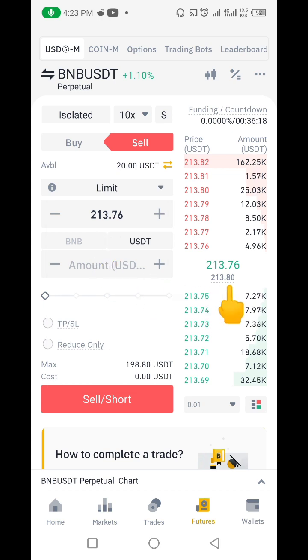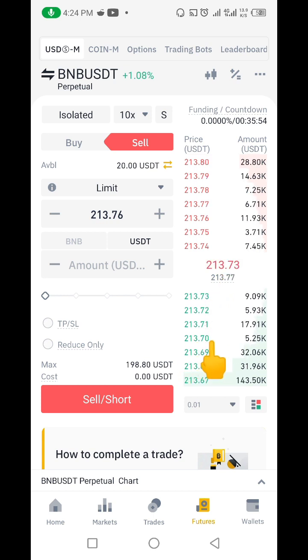This limit means that you are looking at this market and you say, I want to buy this BNB, but the way I'm looking at this market, I'm not too sure that the market will continue to go up. So you want to allow the market to come down to 21372 instead of buying at 21375. You say, I want to wait until it gets down to 21370.